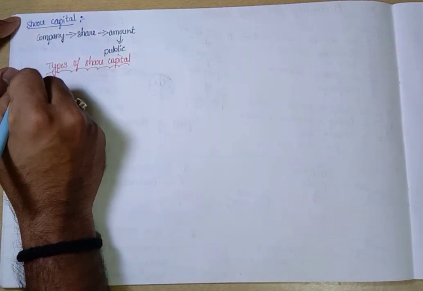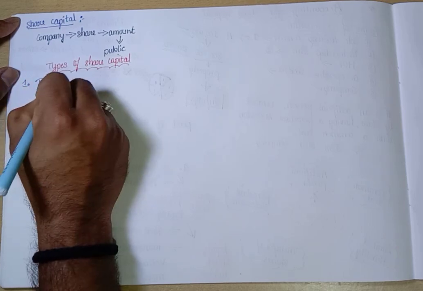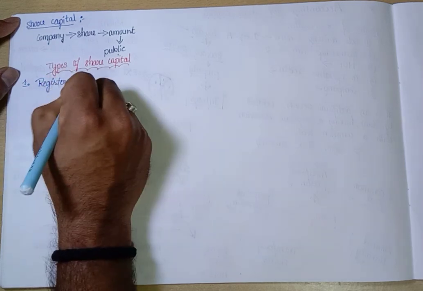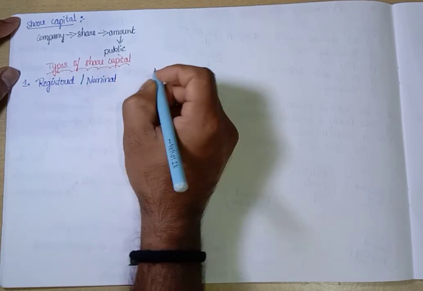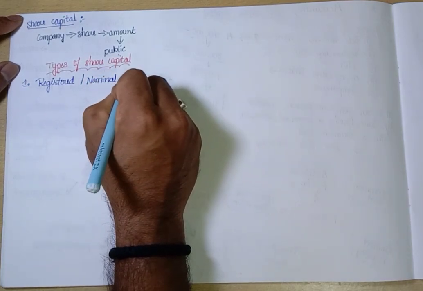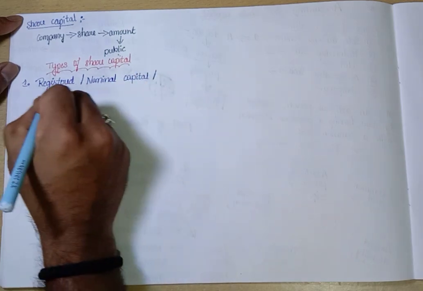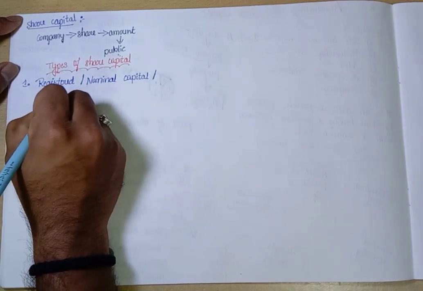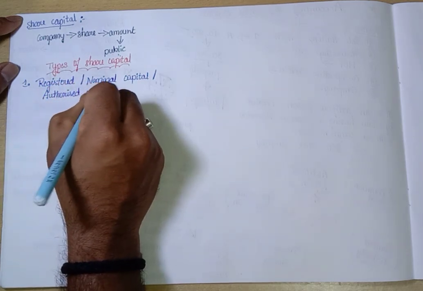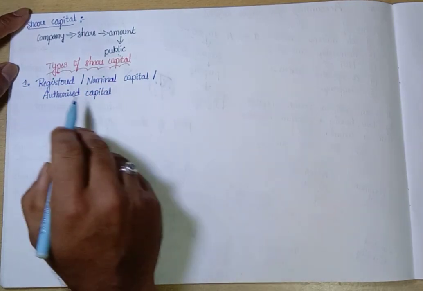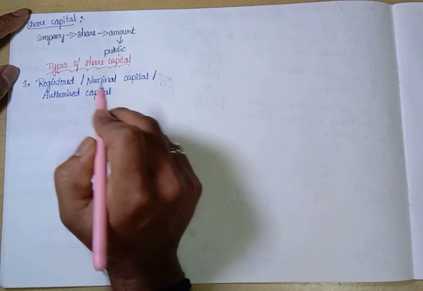In that, the first one we have is registered capital, also called nominal share capital or authorized capital.